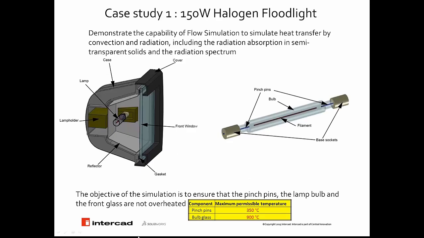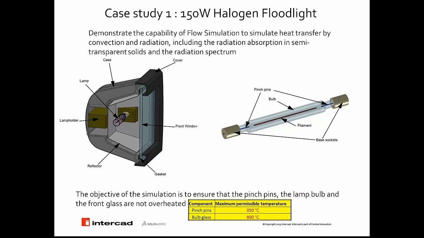Now let's start with the first case study and have a closer look. In this case study, we're trying to demonstrate the capability of Flow Simulation for a heat transfer study combining convection and radiation, and we will include the radiation absorption in a semi-transparent solid and radiation spectrum.